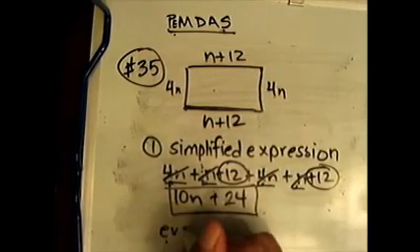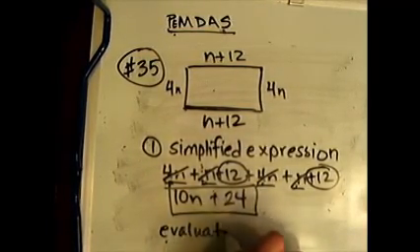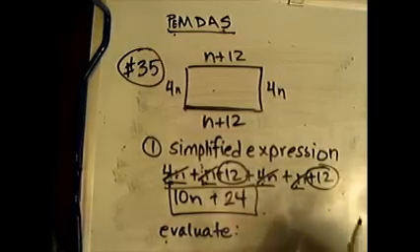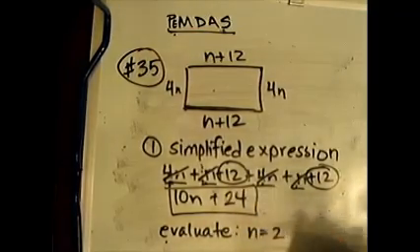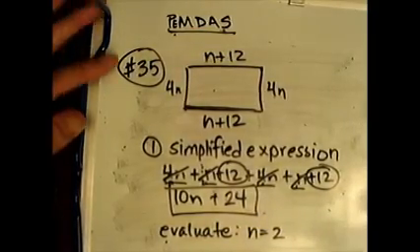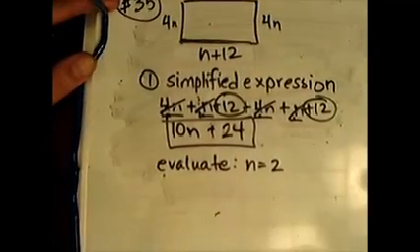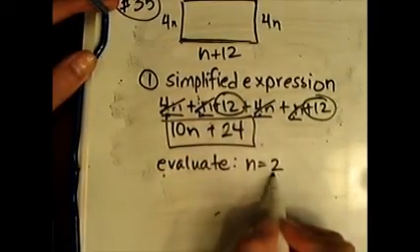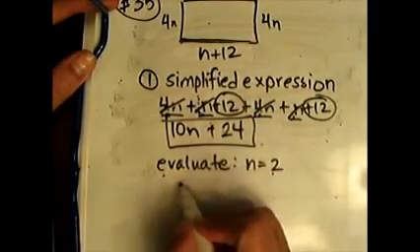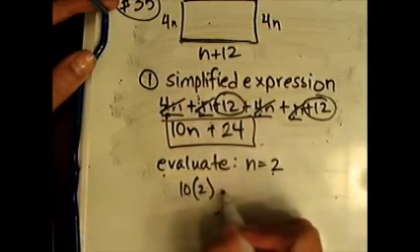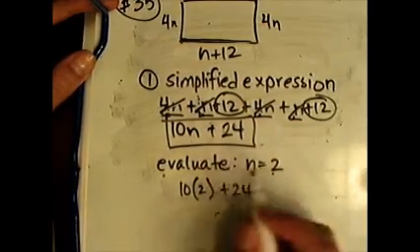Okay, so now the next thing you're asked to do is evaluate. Evaluate when n equals 2. When n equals 2, and you evaluate, it means you're going to put the 2 where you see the n. So 10 times 2 plus 24.